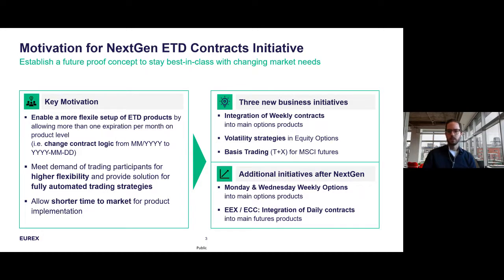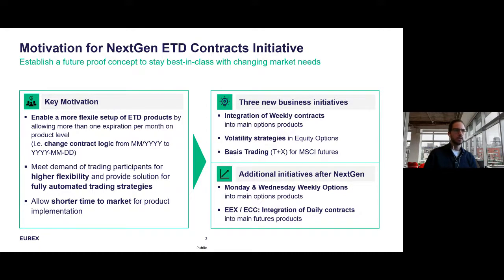We already have further initiatives in mind, such as, for example, the Monday and Wednesday weekly options that we plan to introduce at a later stage. The changes also apply for the energy markets, so EEX, ECC are also adapting the technical changes and plan, at a future date which is not announced yet, to integrate their daily contracts into the main futures products on their side.